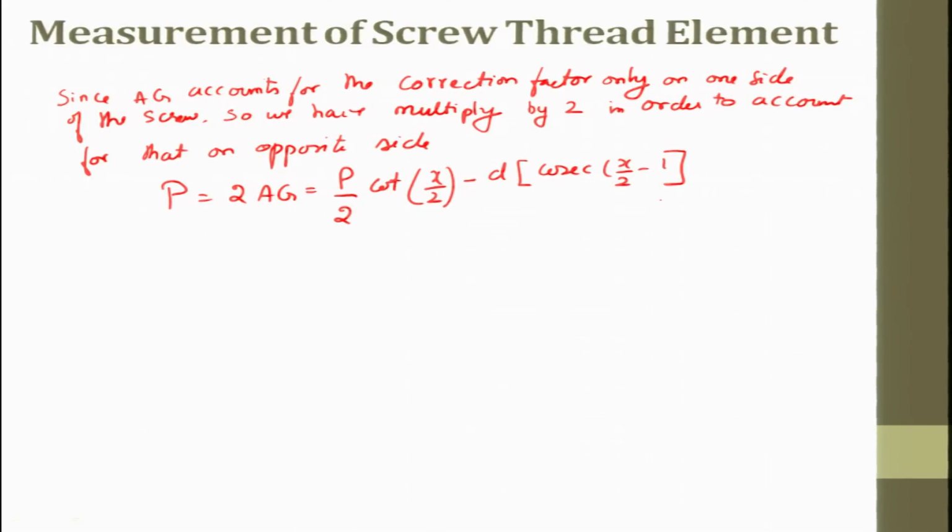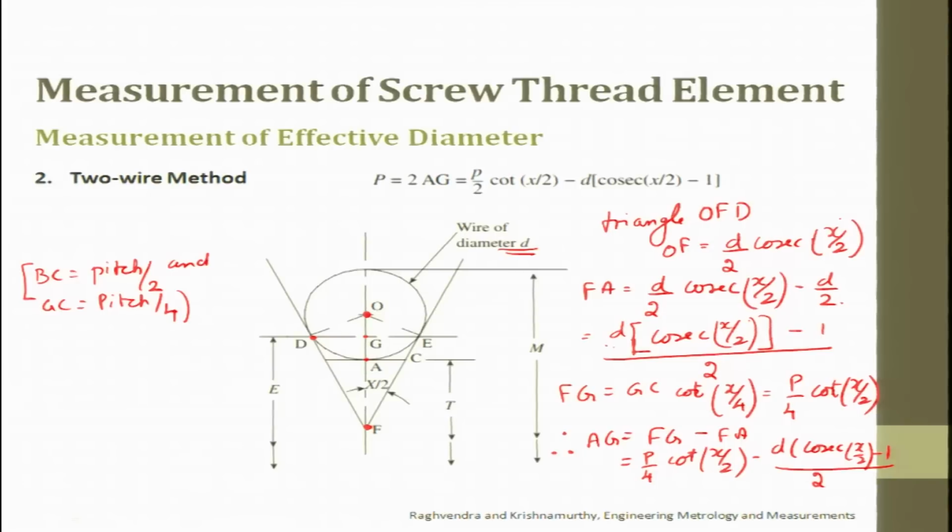Although it is possible to measure the value of m, the distance between the wires, using a micrometer, this method is prone to error. So, although we measure it, we still have error in this method. Let me go back, and it is d by 2 minus 1.